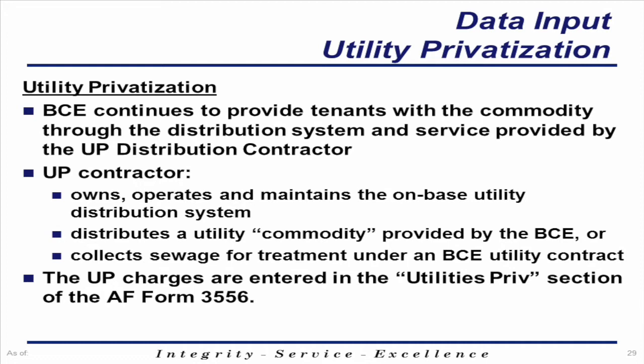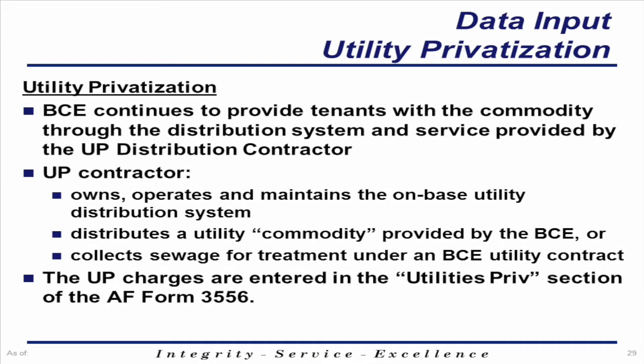In this example, the on-base utility distribution system has been sold to a contractor. The BCE continues to purchase kilowatt hours from the local electric company at the main substation master meter, and those kilowatt hours are delivered to the customers on behalf of the BCE by the UP contractor.